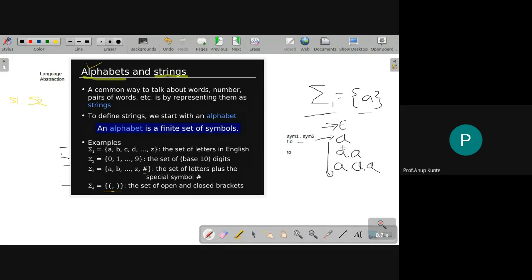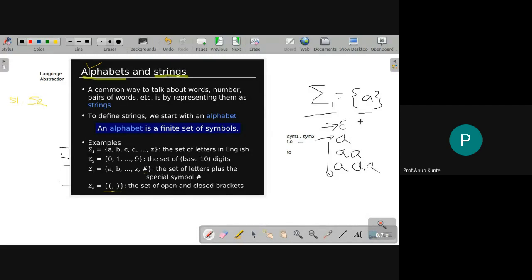A is repeated twice, A is repeated thrice. I'm having 2 concatenations, so A is repeated thrice. I'm having 1 concatenation, A is repeated twice, sorry. I have no concatenation, A is singular. And here, this particular thing, epsilon, indicates that I have not selected anything from the alphabet set. So it's an empty string.